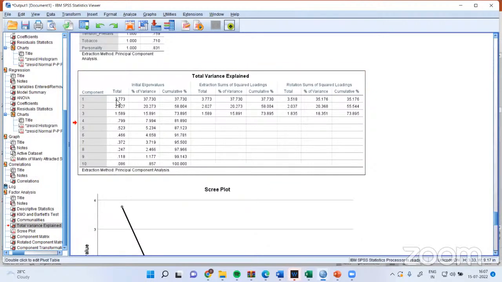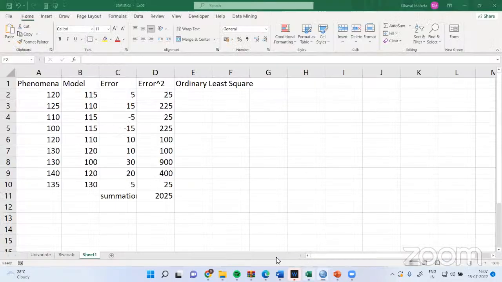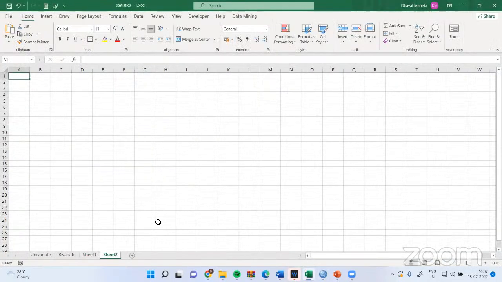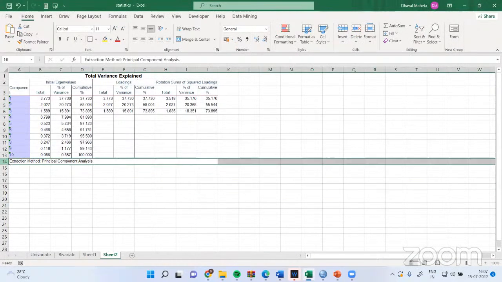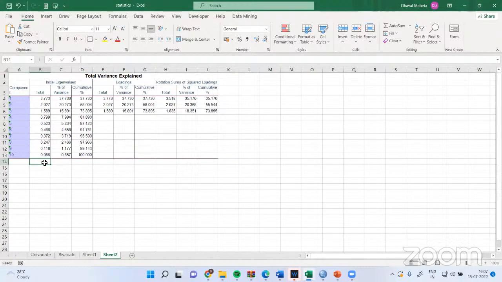I'll copy as Excel worksheet and I will take it here. Now I will take the summation of this. Can anybody tell me what it will be equal to?